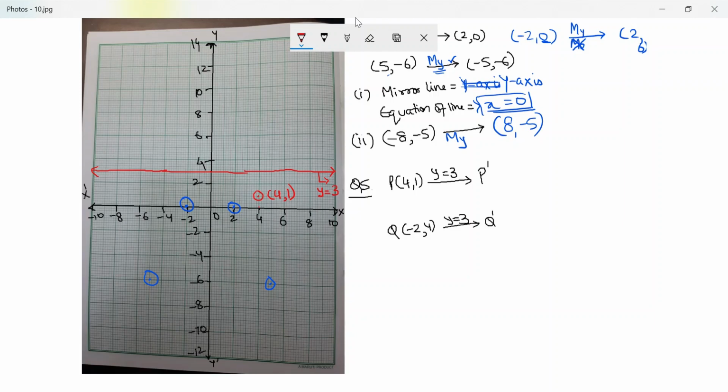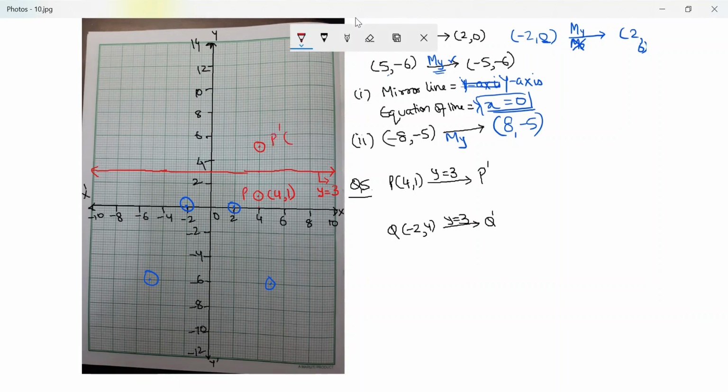This is one full box in front of the mirror, half here, half here, which means the image will be formed exactly one full box behind the mirror, which means this will be the reflection of this point. So this is P, 4, 1, and this will be P dash.